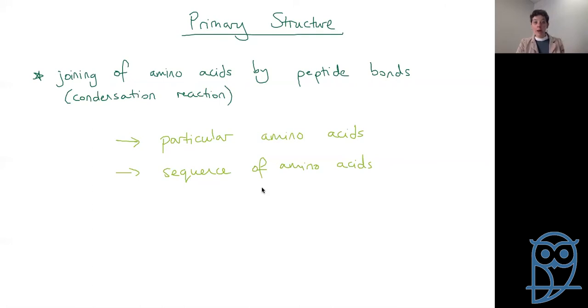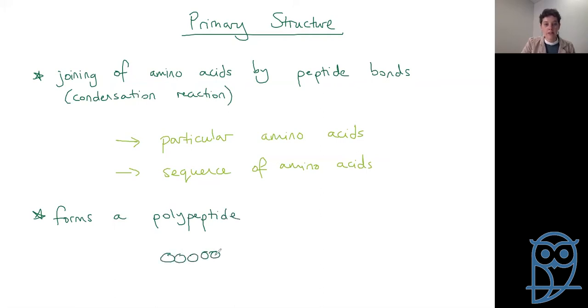So we can think of primary structure as forming a polypeptide, a long chain of amino acids. It can be illustrated as stuck together because they'd be bonded, okay? But that's it, just a string of amino acids.